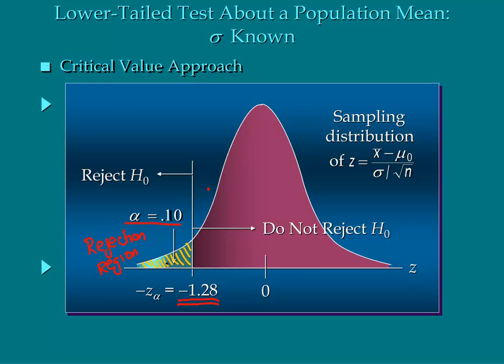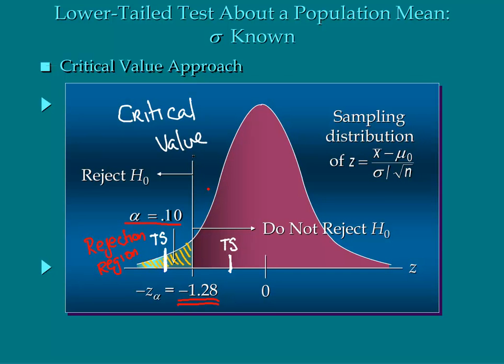So if the test statistic is on the number line in this region, you would reject the null hypothesis. For argument's sake, if the test statistic was here, you would reject the null hypothesis, but if the test statistic was here, you would fail to reject the null hypothesis. So the critical value acts as a threshold, the barrier between the reject region and the do not reject region.